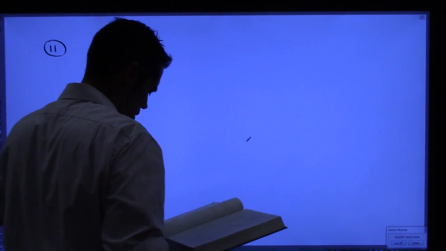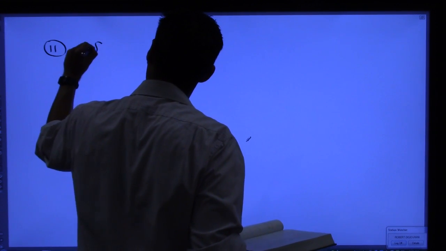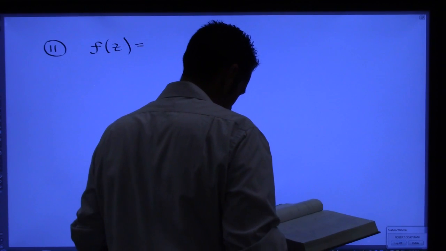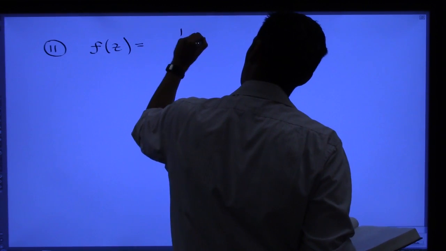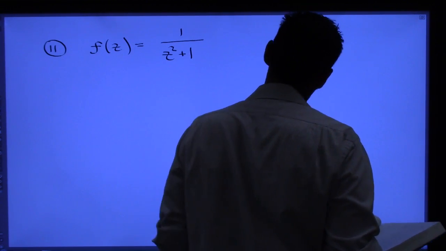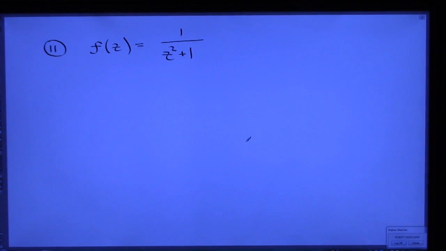All right, number 11. We have f of z equals 1 over (z squared plus 1). Now, you could do the quotient rule on this problem, all right? There's nothing wrong with that.